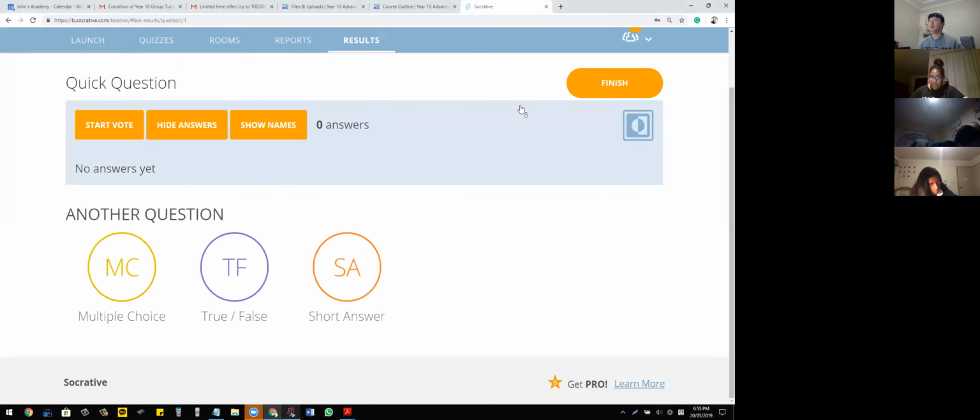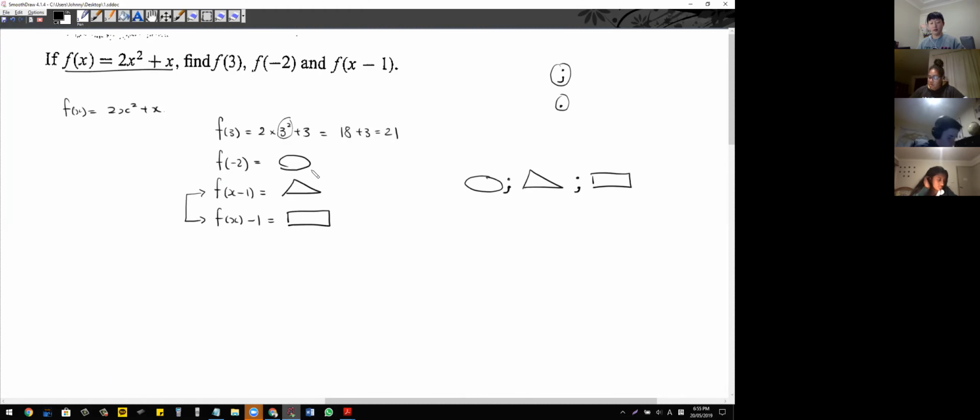Okay, so no answer yet. If we plug in -2 there, 2 times bracket -2 squared plus -2, that's what you have to do. And if you plug in x minus 1 in here, whatever is in the bracket, you plug that into the x.